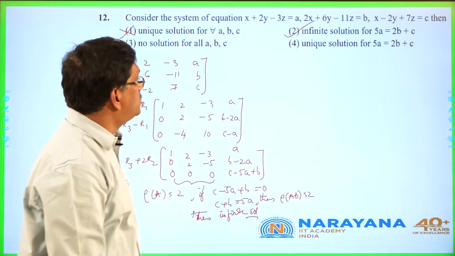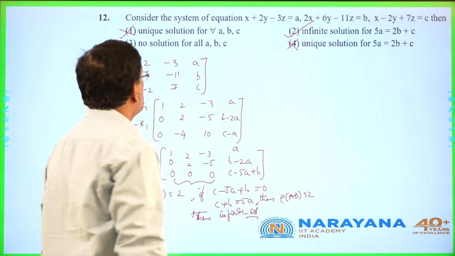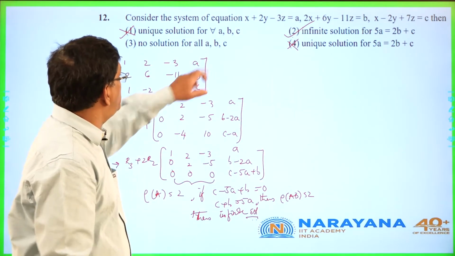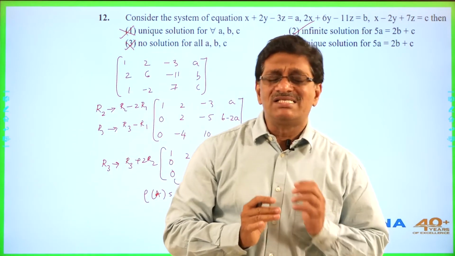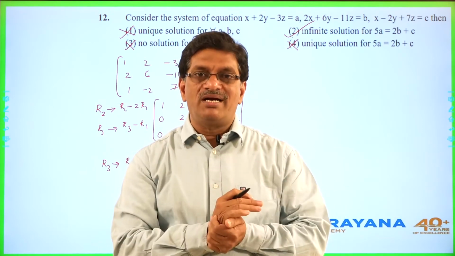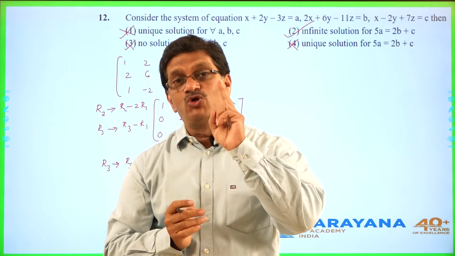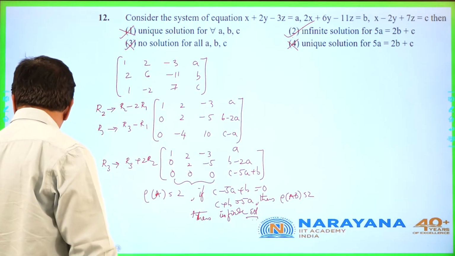So unique is not at all possible. No solution for all A, B, C is also not possible. So in rank consistency problems, if one appears, use the rank method so that it is a matter of 2 steps. Easily one can complete. Okay, let us go to the next question.